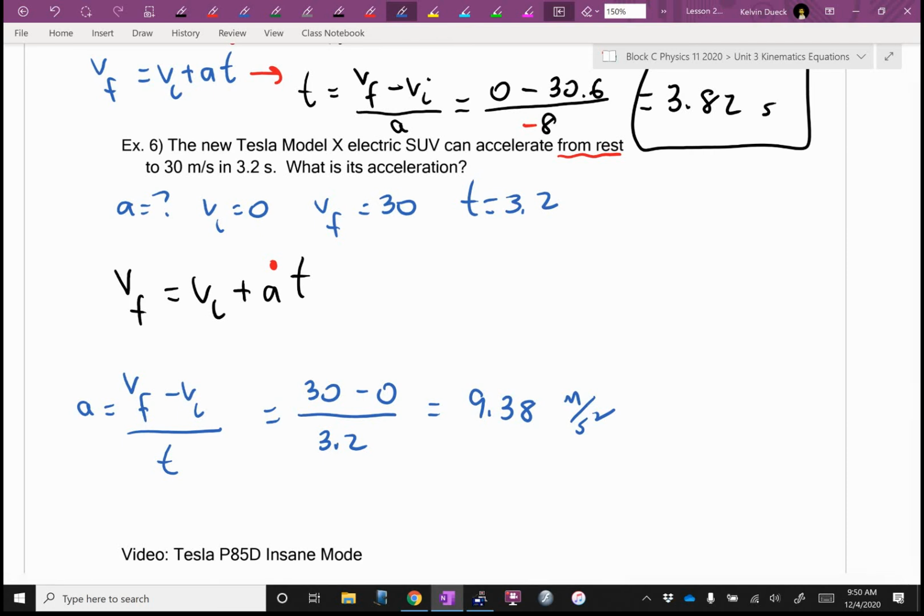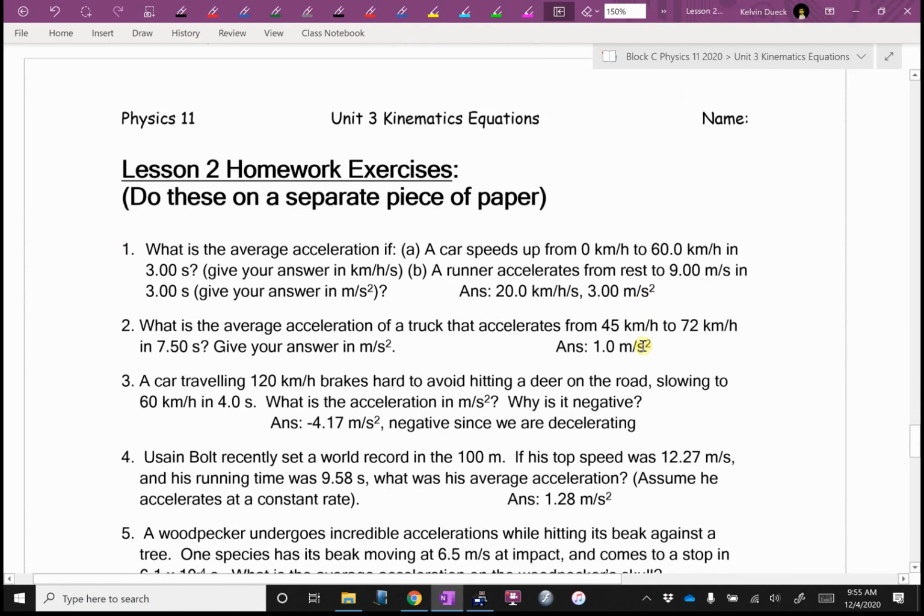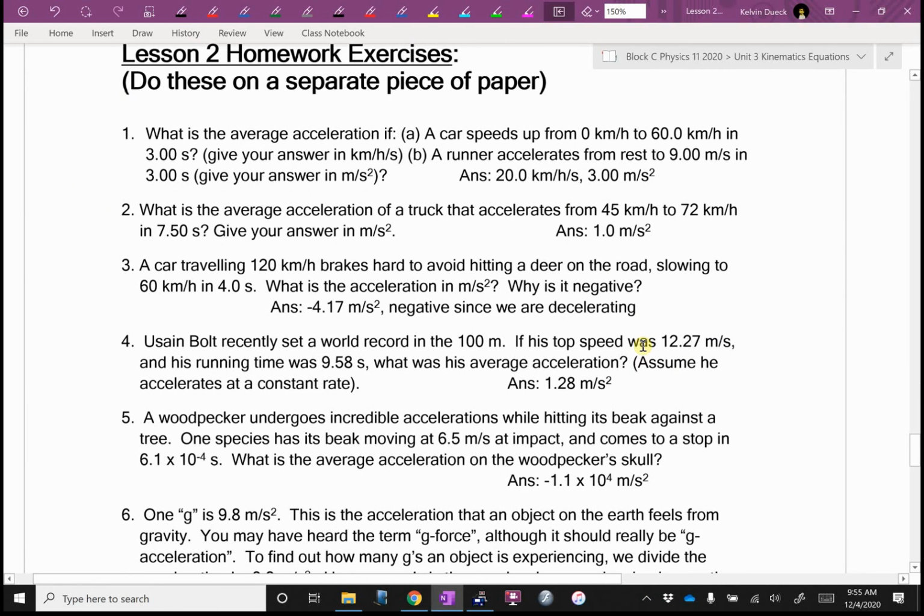Put your pencils down. So, what's your homework? I'm going to skip number 1 because it's kilometers per hour. I'm going to give you number 2, but you'll have to convert the 45 and the 72 to meters per second first, please.